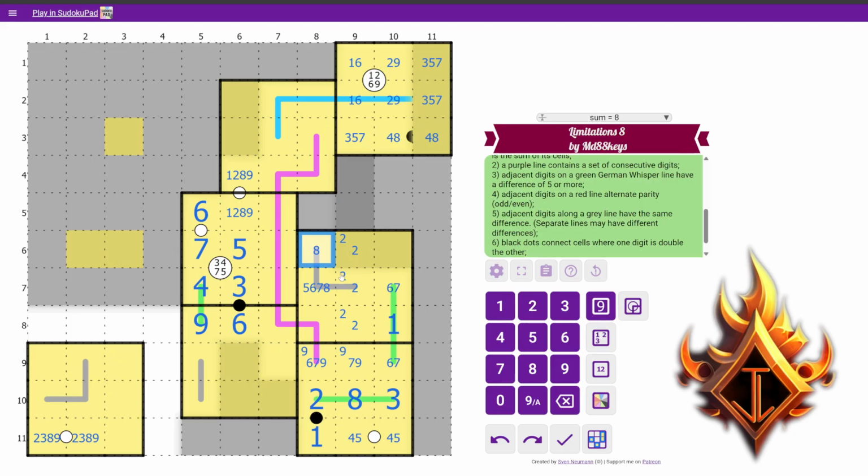If this was 8, it would still have choices there or there. For that one, this would be 5. That would still have choices as well.